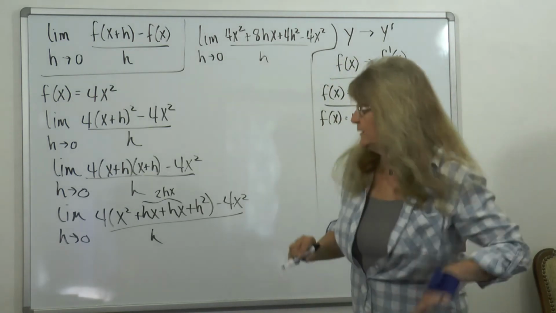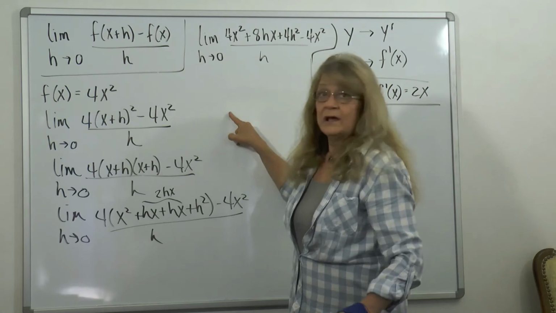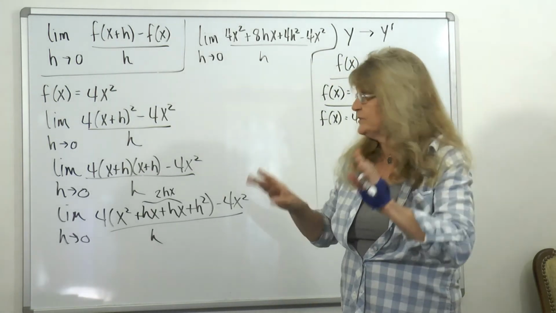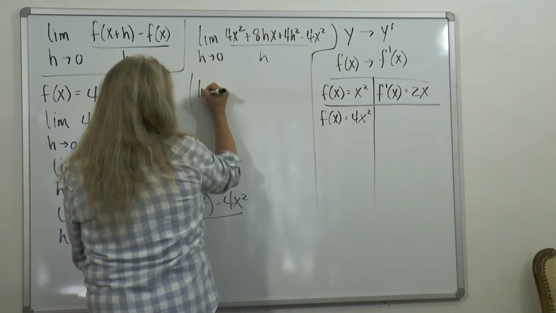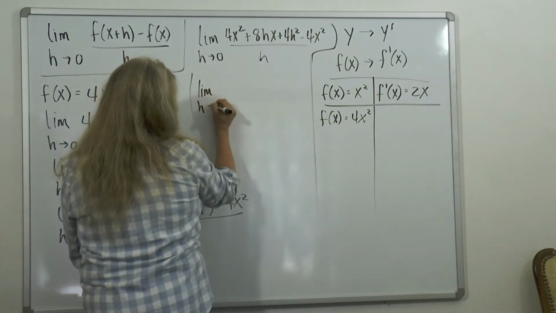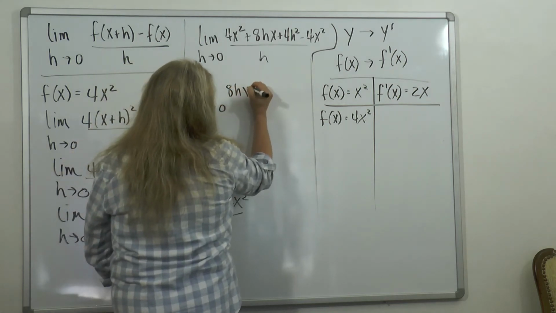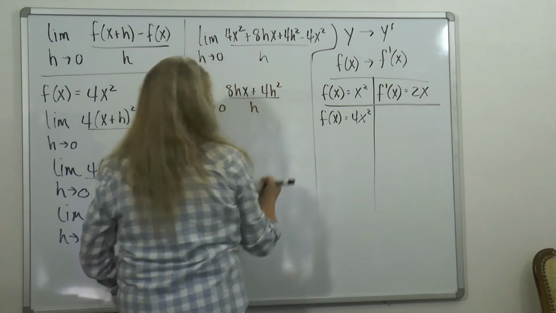Here's a little hint: anything that comes after this minus sign here is going to cancel. If it doesn't, you've made a mistake. It's always going to cancel. So now what we have is our limit as h goes to 0 of 8hx plus 4h squared over h.